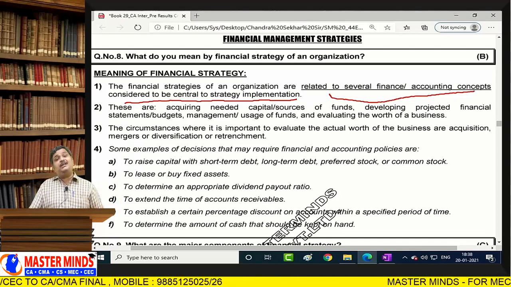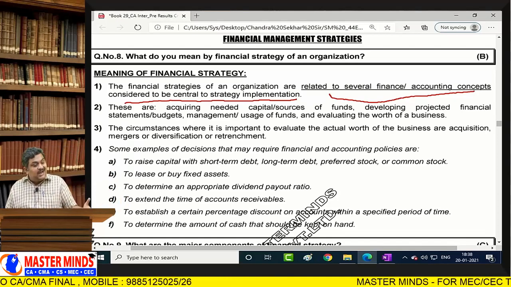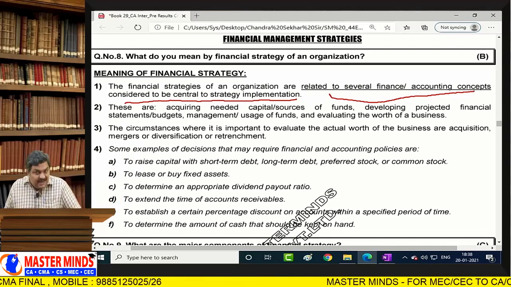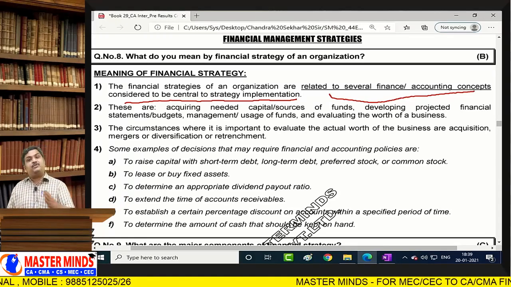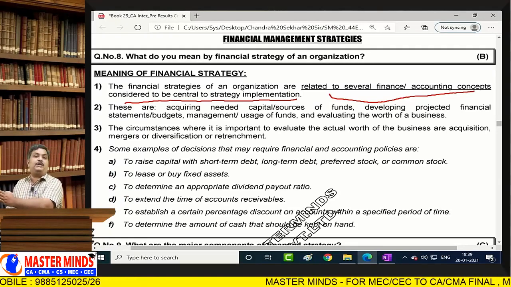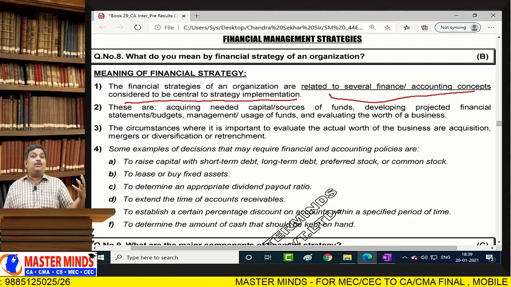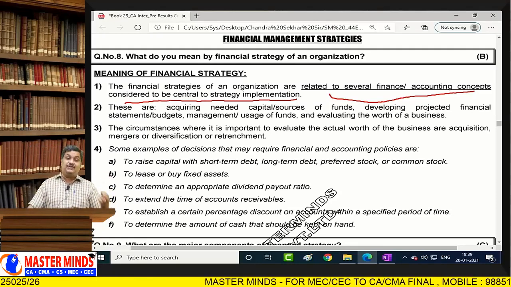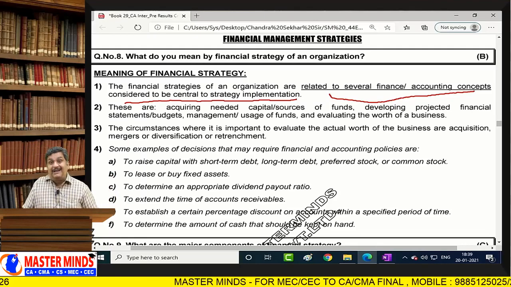If an organization does not have the right kind of financial strategies in place, it cannot implement the strategies. It cannot do whatever it wanted to do. Because lack of resources is the biggest challenge, the biggest problem. Lack of financial resources.